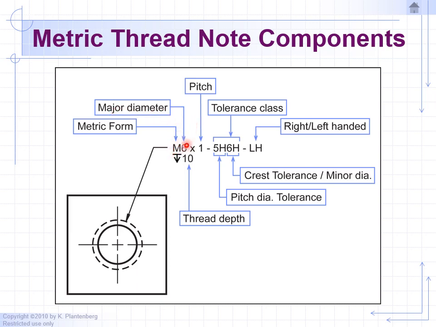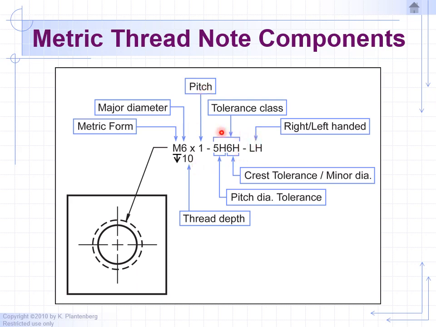So 6 tells us the major diameter. So major diameter is 6 millimeters. And instead of a dash number like in inches, which tells us the number of threads per inch, here the 1 doesn't tell us the number of threads per millimeter. It's actually telling us the distance from thread to thread. It's 1 millimeter, also referred to as the pitch.